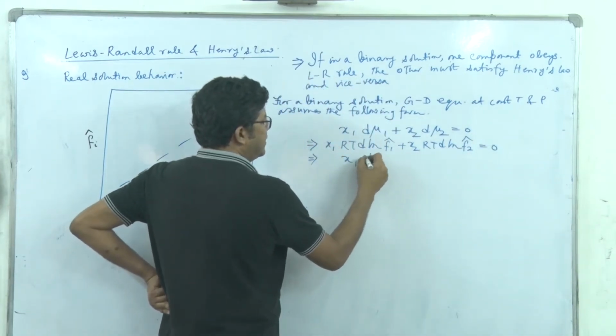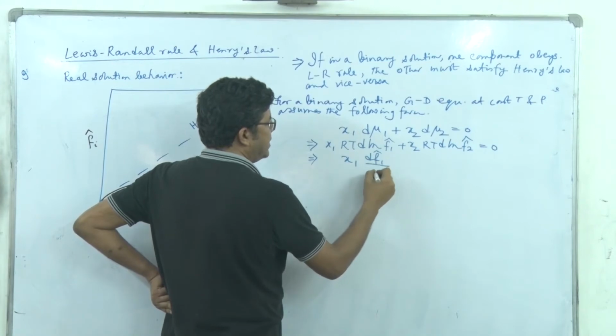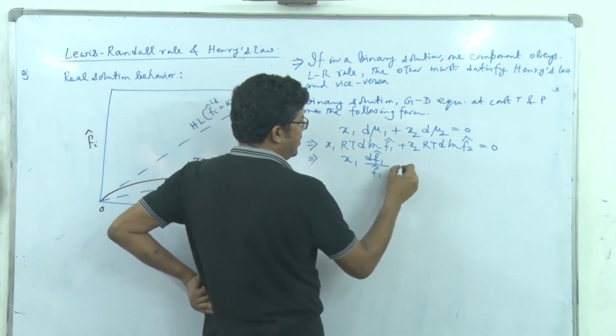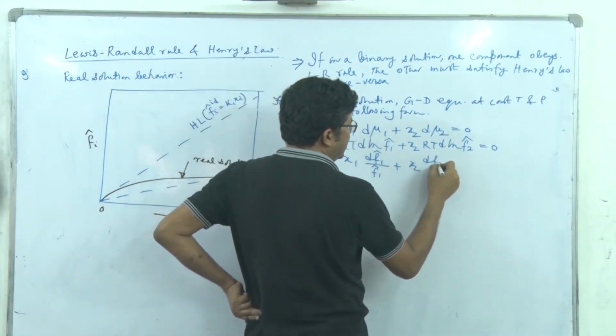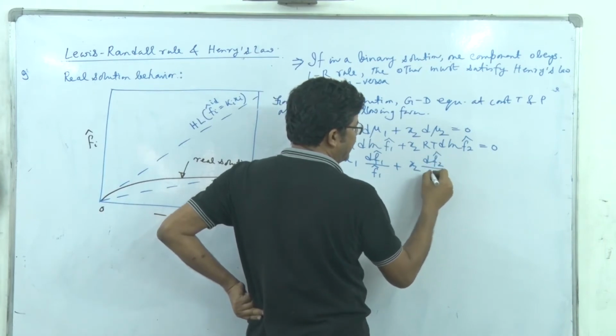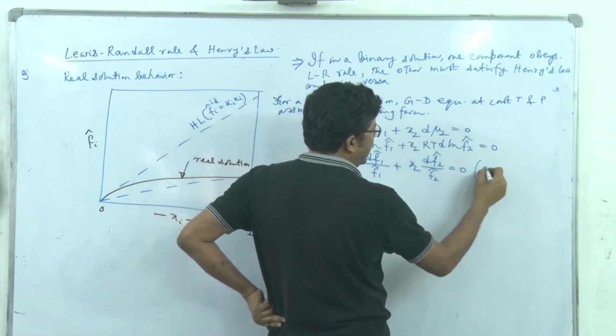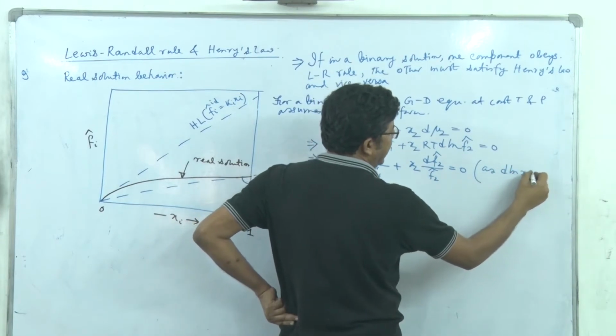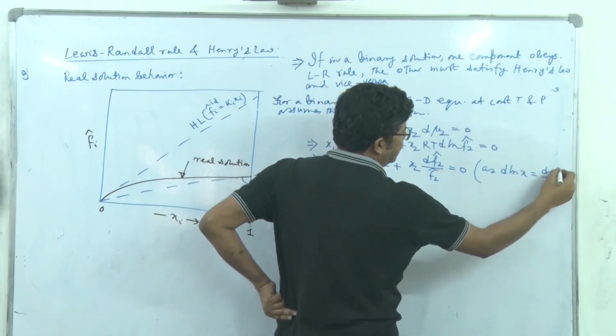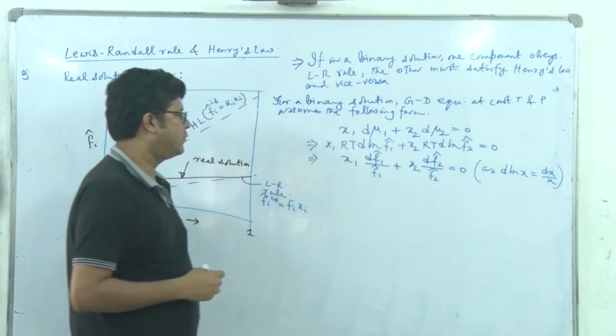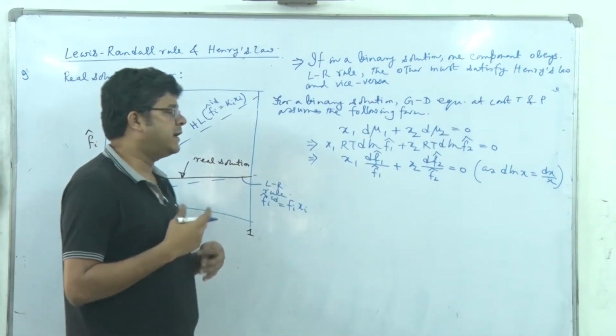So x1 df1 cap by f1 cap plus x2 df2 cap by f2 cap is equal to 0, as d ln x is equal to dx by x.